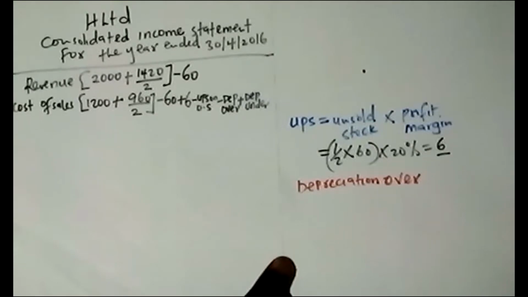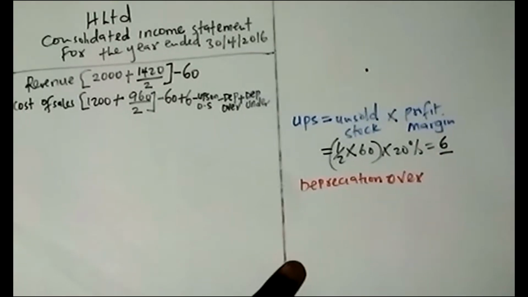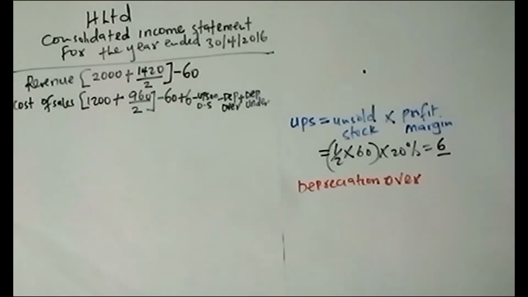For example, if H sold a fixed asset to S, you will be told, for example, H sold an item or plant to S at shillings 200 million, including a profit margin of 20%.